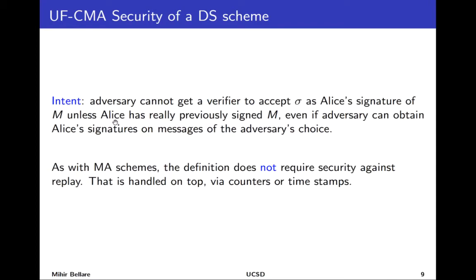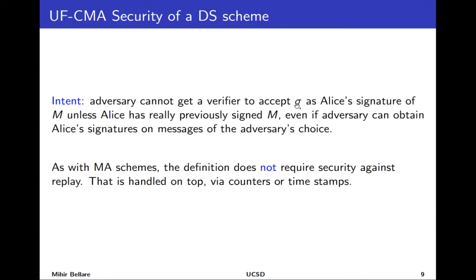So roughly the idea is that the adversary is going to try to get a verifier to accept something as Alice's signature on some message, even though Alice never really signed that message. In this process, the adversary can pick any message it wants as long as Alice hasn't actually signed it in the past.